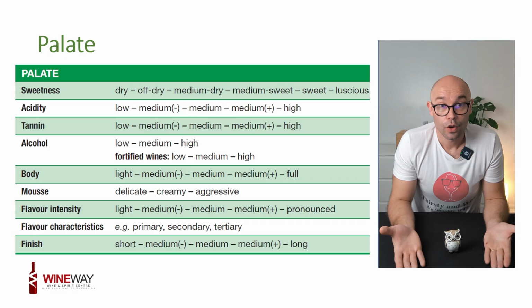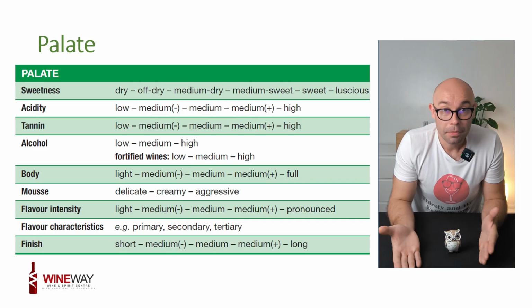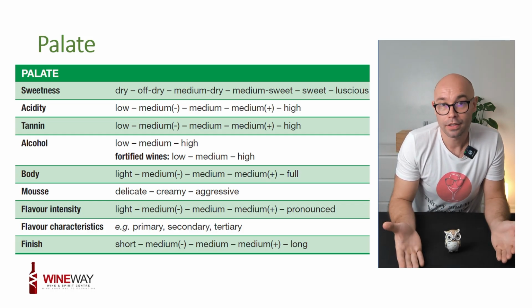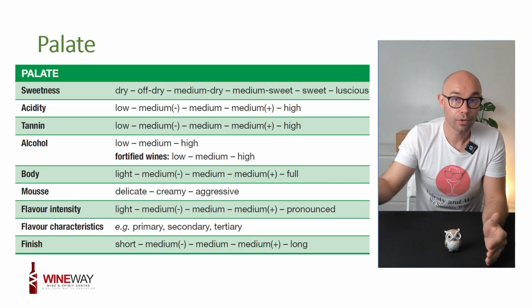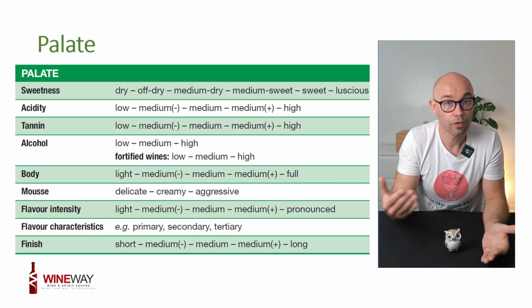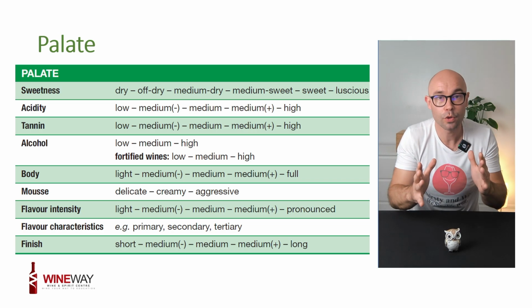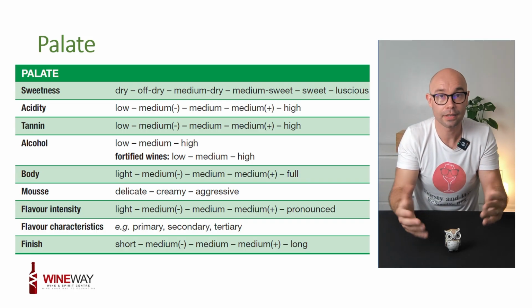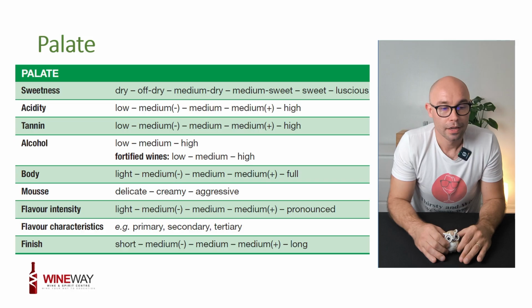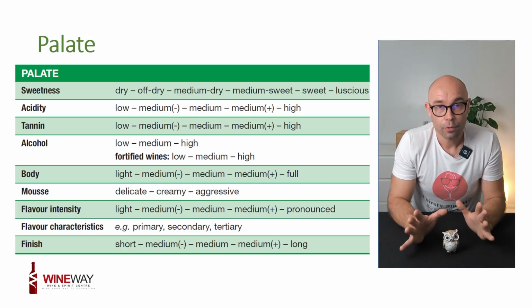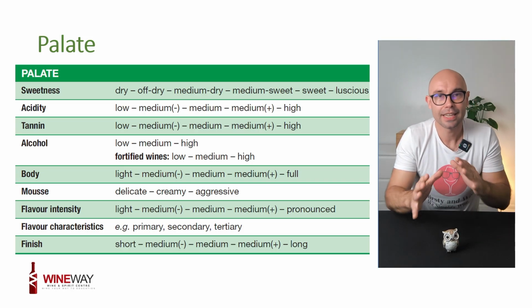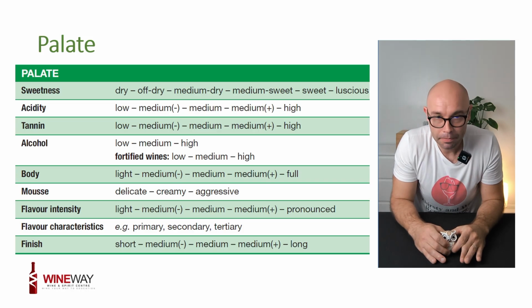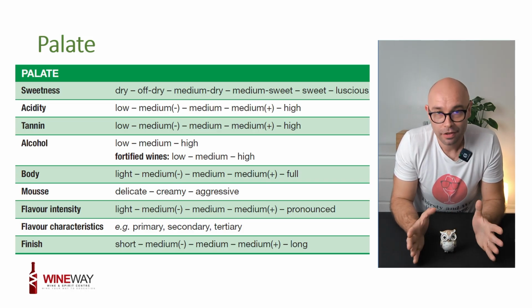It's also an indication of the climate where the grapes are coming from. Lighter alcohol wine is usually an indication of either a cold climate or grapes that are picked earlier, whereas a high alcohol wine is an indication of a warmer climate, and a medium alcohol indicates a more moderate climate. Again, for fortified wines, the alcohol levels are different and are not relevant for the SAT part of the exam. That's more for level 4, not level 3.